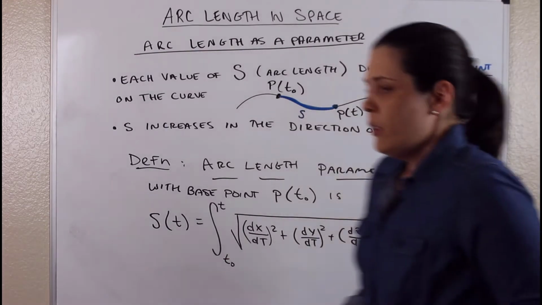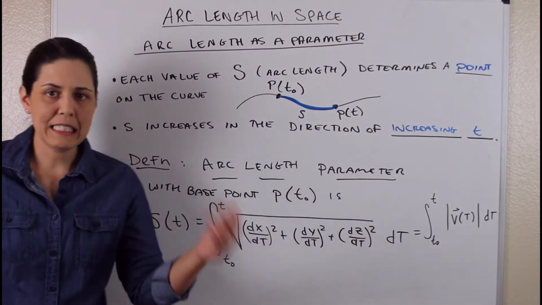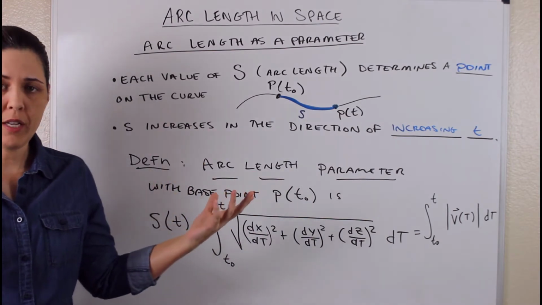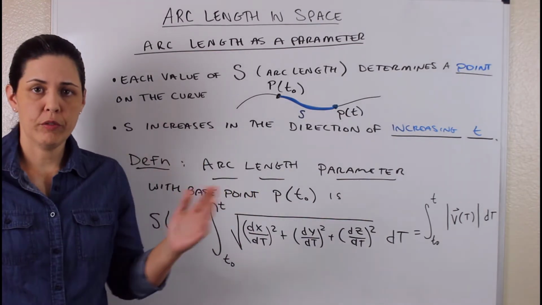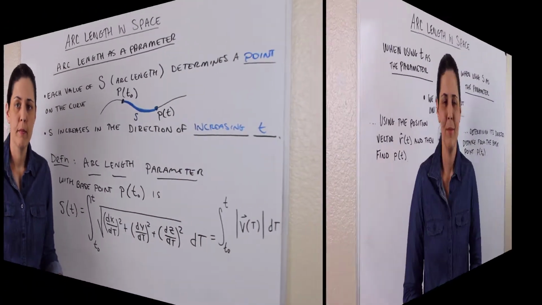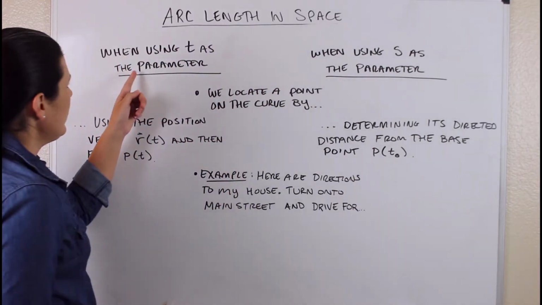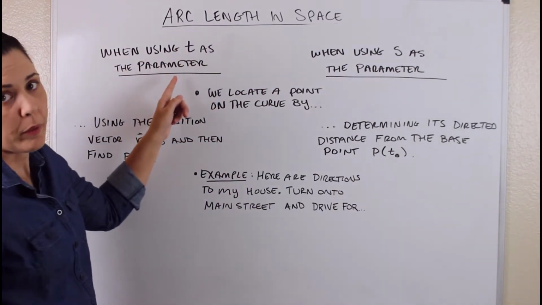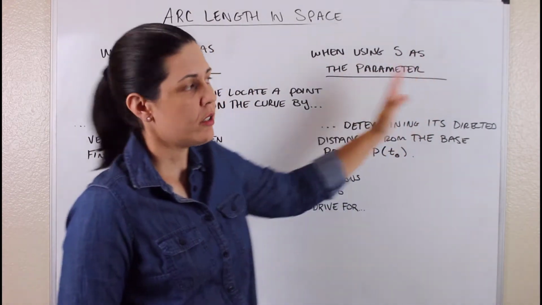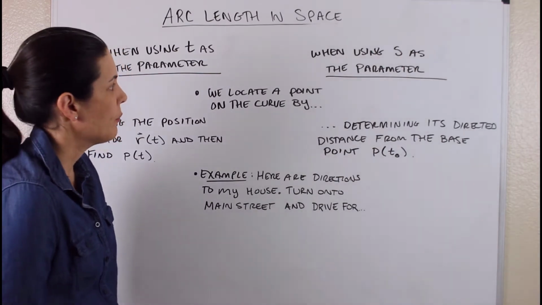Okay, so let me identify the differences when considering t as the parameter and s, which we're talking about now. We'll look at two different ideas: using t as the parameter and using s as the parameter. I'm breaking this down so you can hopefully see and understand what's happening here.